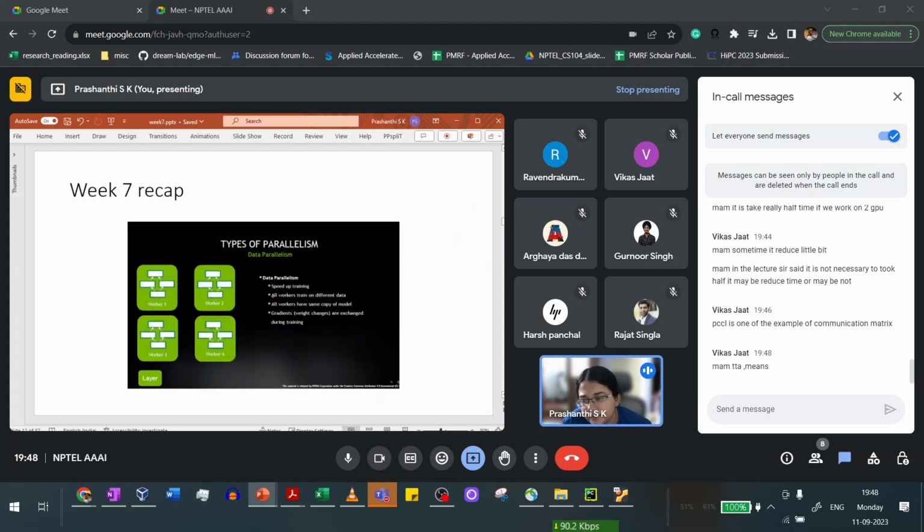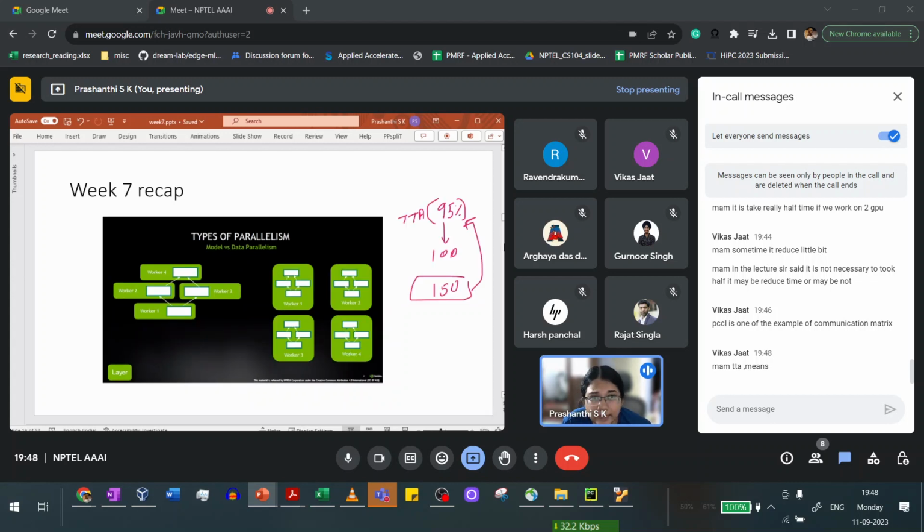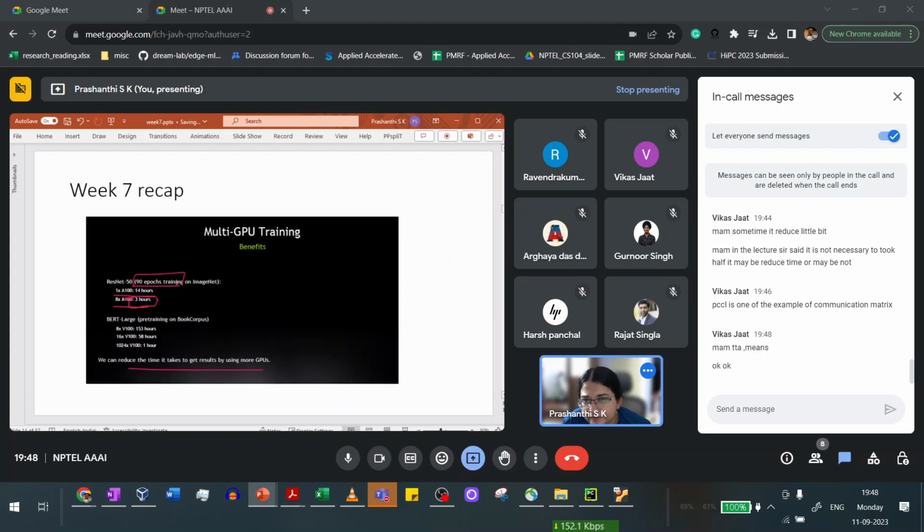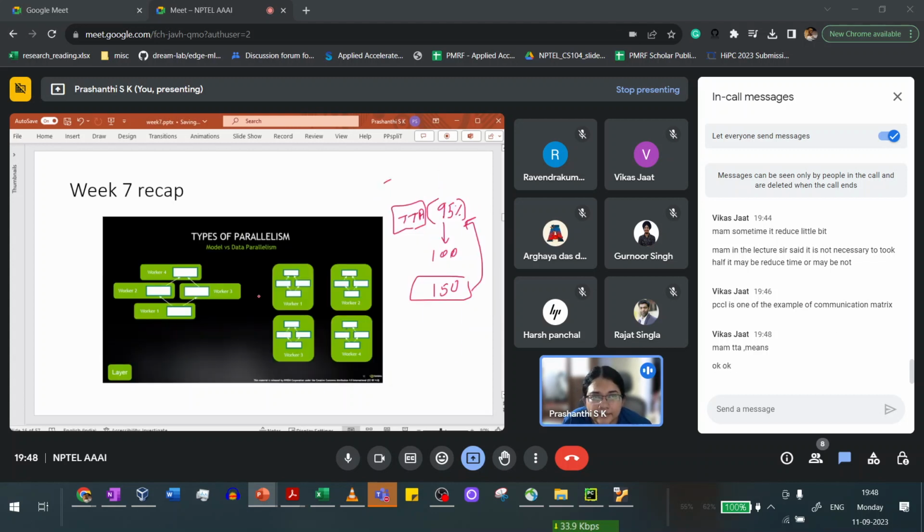Data parallel, again, I think TTA stands for time to accuracy, right? So one metric I can use is time to train a certain number of epochs, like this 90 epochs. The other metric I can use is, because ML practitioners care a lot about accuracy.